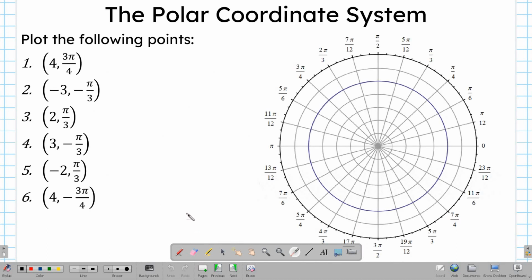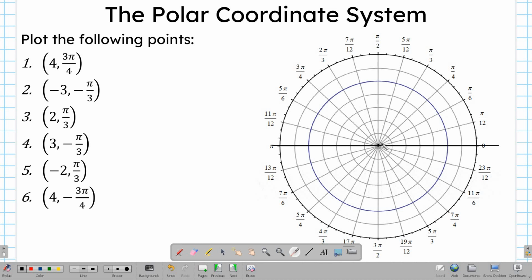Let's have an example of plotting the following points on our polar coordinate system. What you can see here is an example of a polar coordinate system. This line here is the pole.